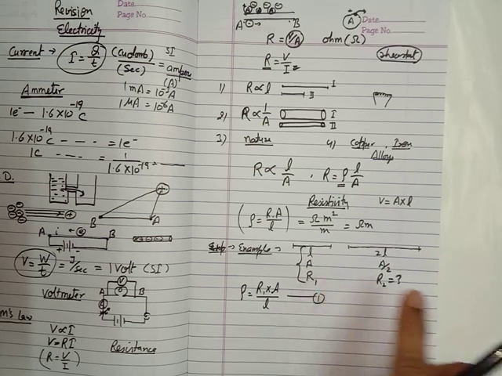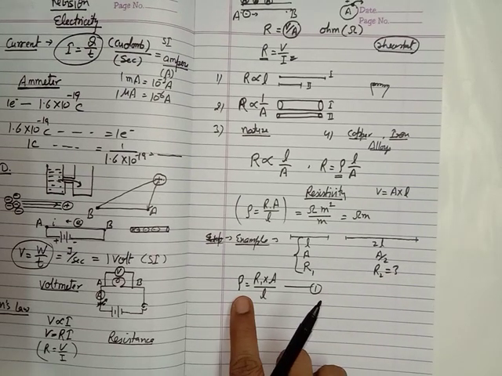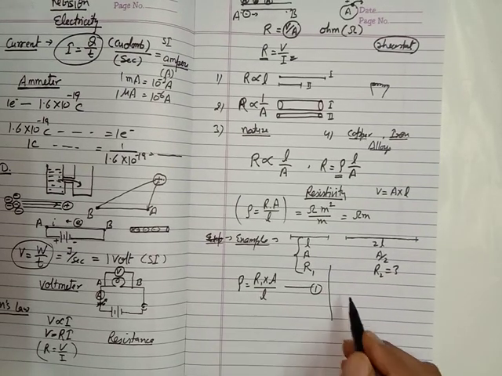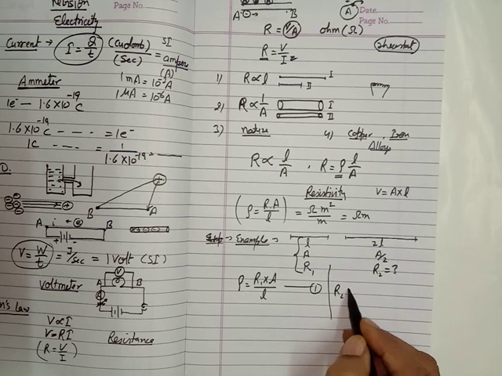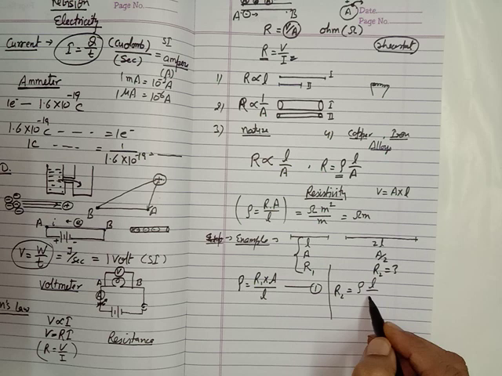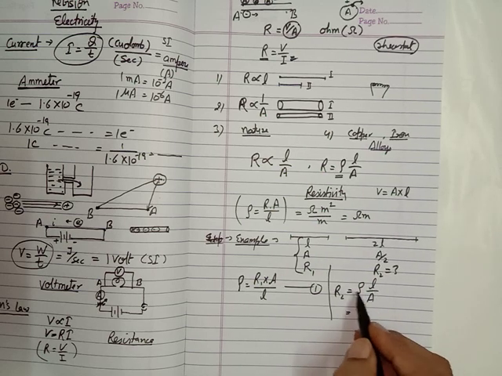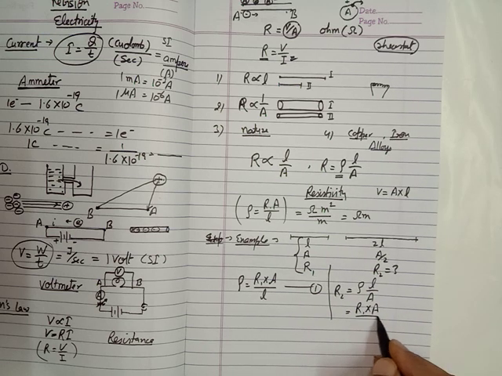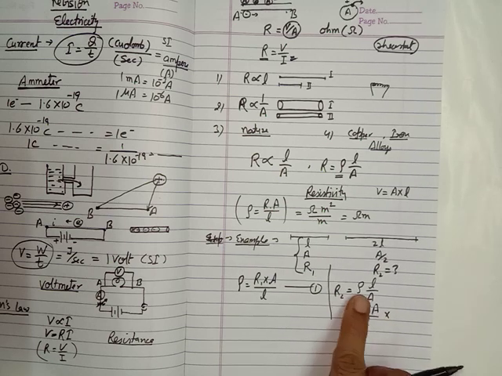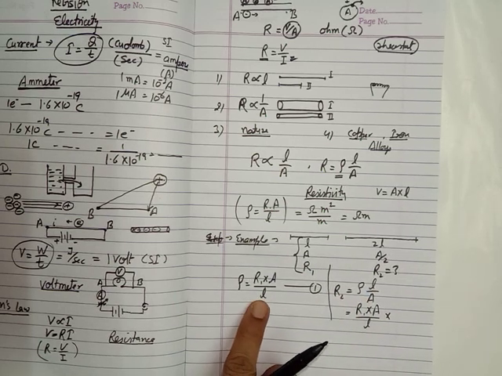Now for the second case, the resistivity is also this one, because resistivity does not change. Now you have to find the resistance R2. The formula for the resistance is rho L upon A. Now we put in the values: rho is equal to R1 into A upon L, which is the value of rho from the first equation.